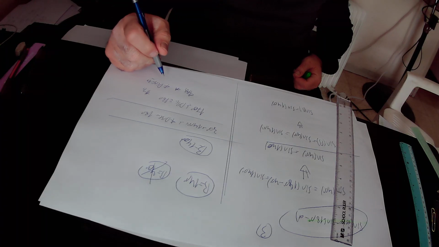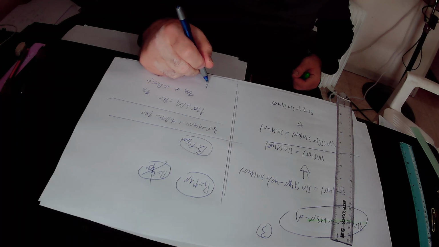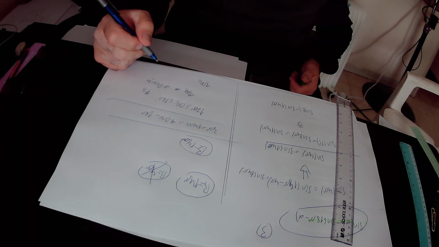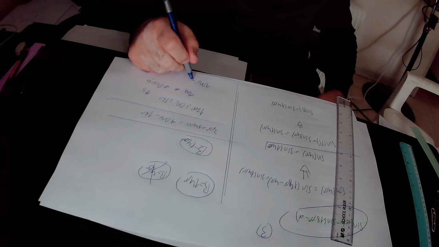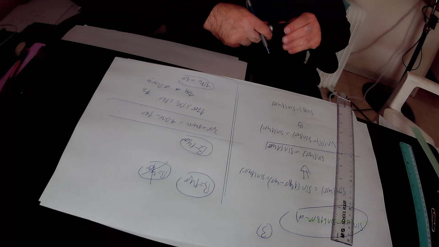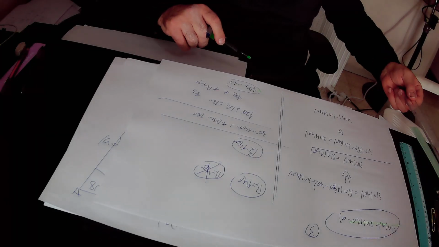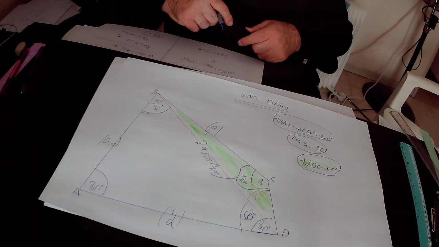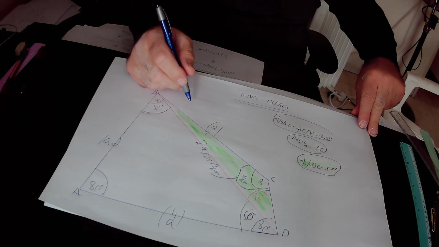So the missing angle DBC equals 10 degrees in size.